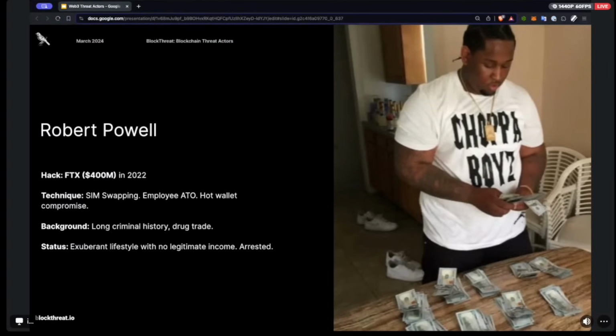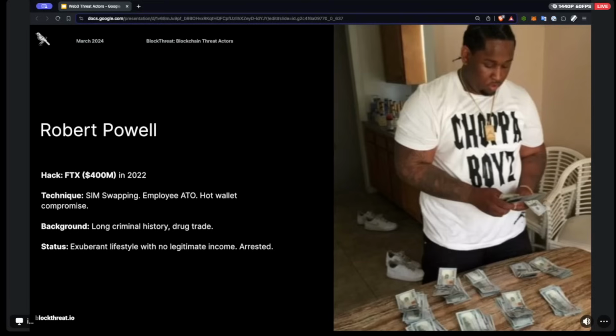The people we're dealing with were caught recently. Robert Powell and his SIM swapping crew, Robert was operating out of a Chicago suburb. They got caught because they were on law enforcement's radar for a long time. They associated with Chopper Boys, the drug trade and other things.